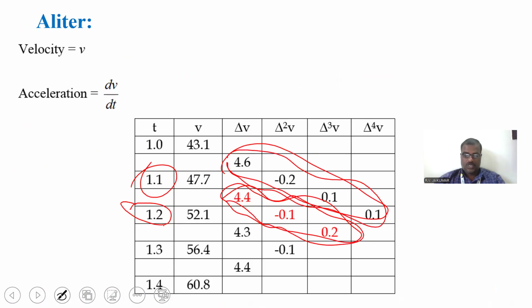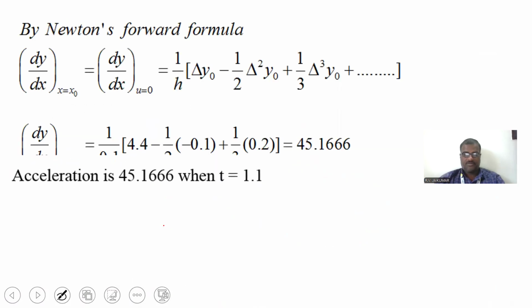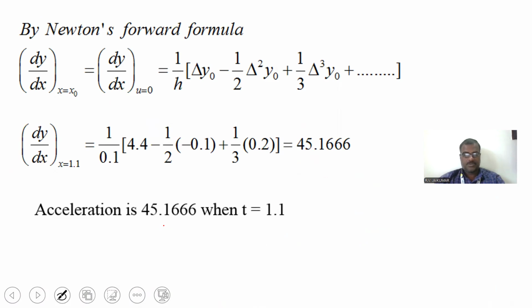In the previous case, we got 44.917, and here we get 45.1666. Both are not exact solutions actually, both are approximate values. So this is a way to find the first and second derivative values.